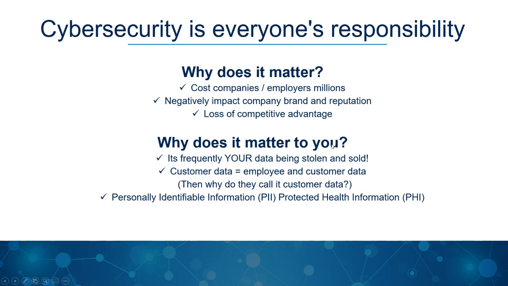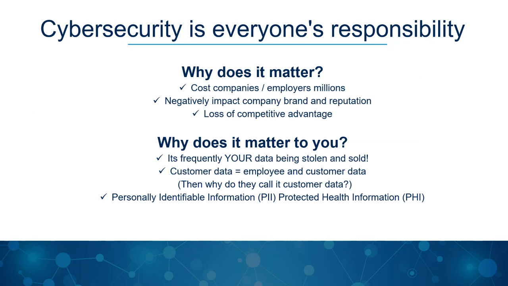Now, why does it matter to you as an individual? Aside from yourself, there's probably only one other entity that has more information about you as an individual, and that's your employer. They have your social security number, they have your address, they have a lot of information about you. So in applying your corporate cybersecurity policies, you're in fact protecting yourself as well.